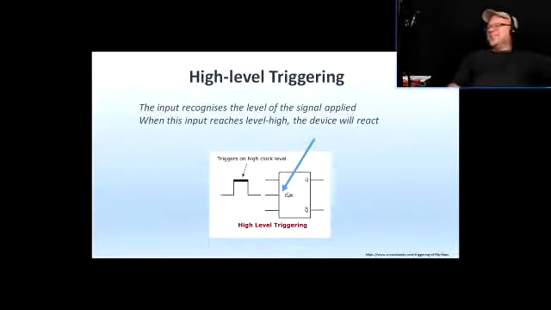Now, high level triggering. Notice that there's a thick line. Here's a signal applied to a control pin of this device. The device is going to change its state, or react, when this control signal is high. As long as this control signal is high, the whole device is active.